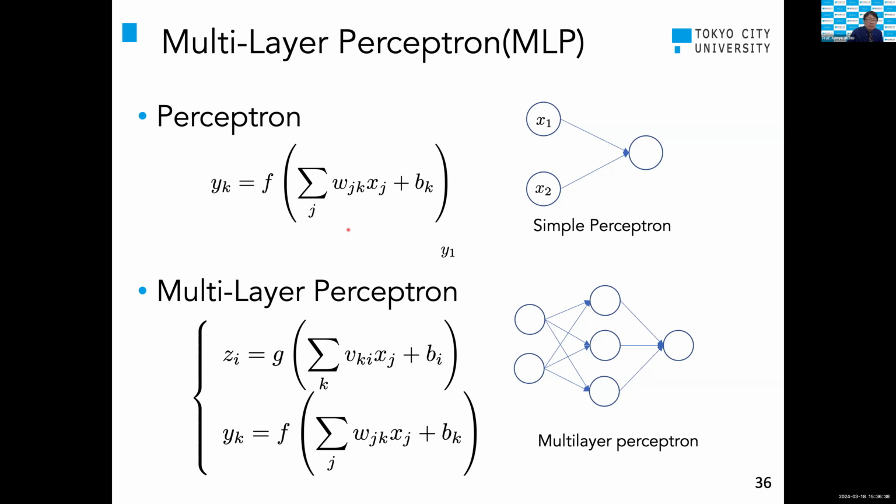The foundation of a multilayer perceptron is what's called a perceptron. A perceptron determines its output by multiplying multiple inputs by weights, adding them together, adding a bias value, and then passing the result through a nonlinear function. A multilayer perceptron, as the name suggests, consists of multiple layers of these perceptrons.